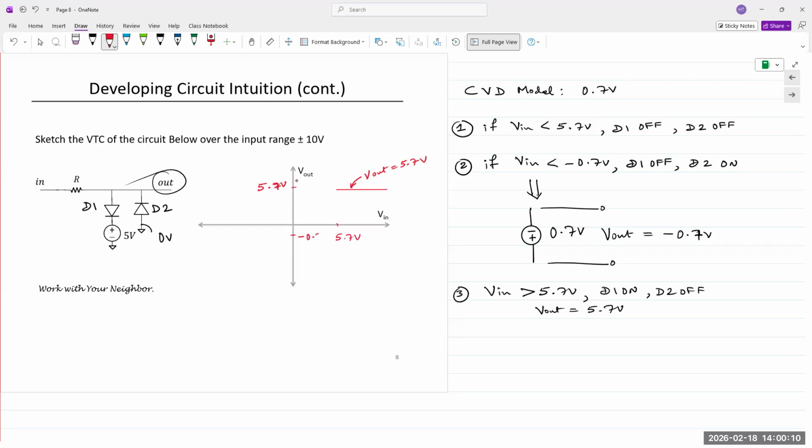This is V in equals minus 0.7 volts, and so V out is also minus 0.7 volts.